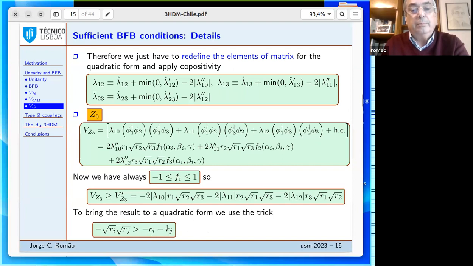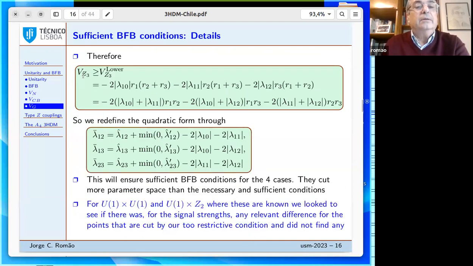Then you plug it in there, and you get that you bound it by this expression, and now you rearrange terms to be in terms of the products of R1, R2, R1, R3, and R2, R3. And then essentially what we have to do is just to redefine the entries of the matrix in your quadratic form, and you require copositivity, and that ensures that you have sufficient boundedness conditions for all these four potentials.